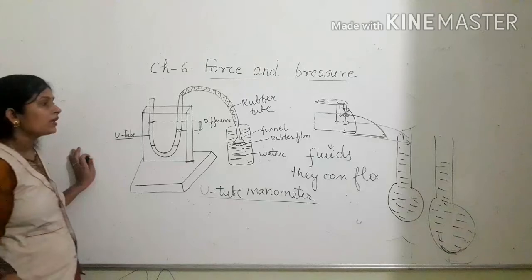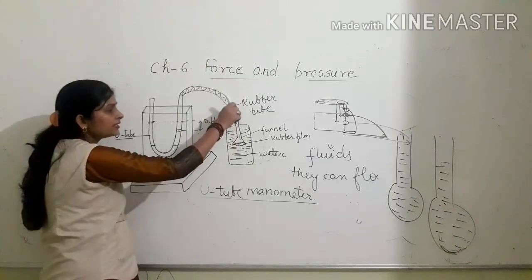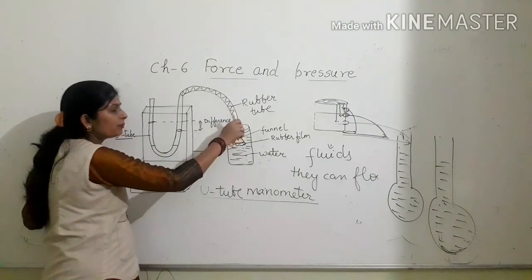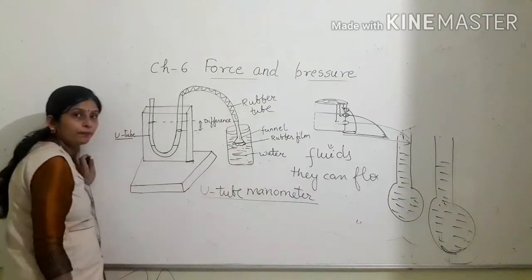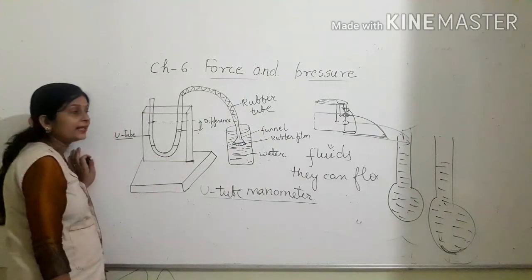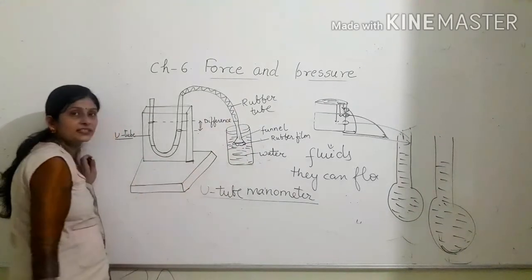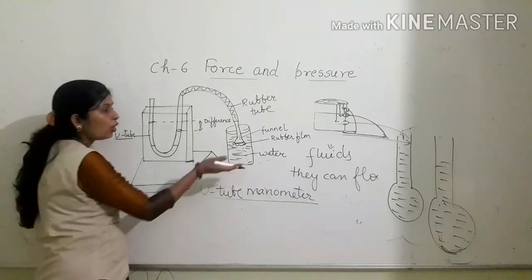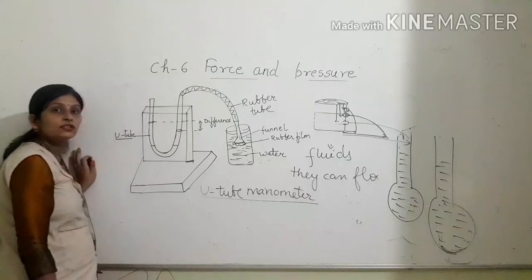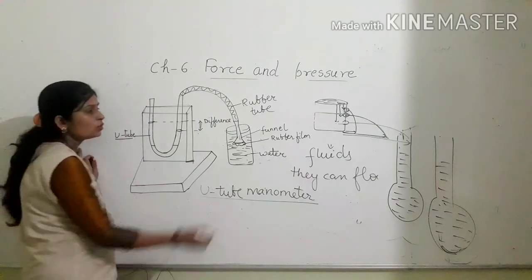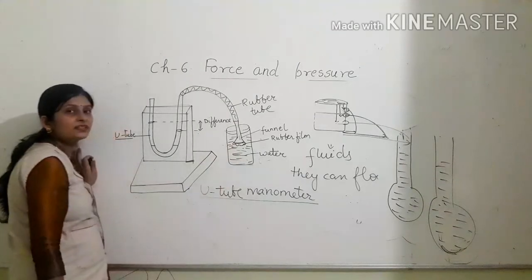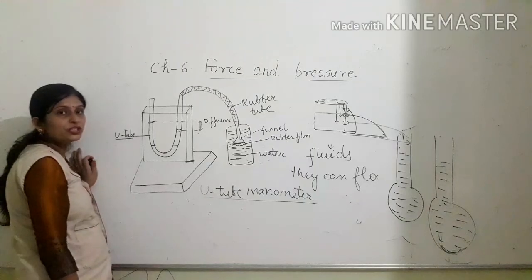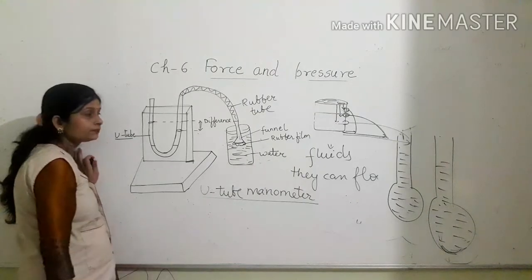How is that? As you dip this funnel with stretched rubber film in the water, you very well know that as the depth increases, pressure exerted by liquid water on the rubber film also increases. So it experiences more pressure of water.